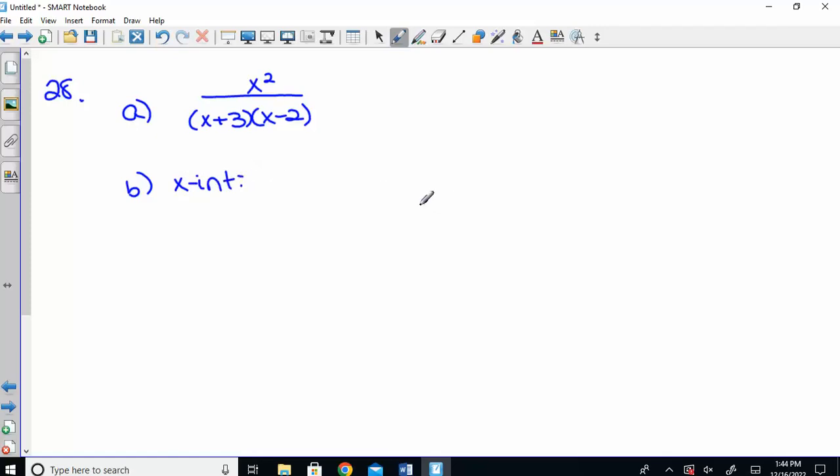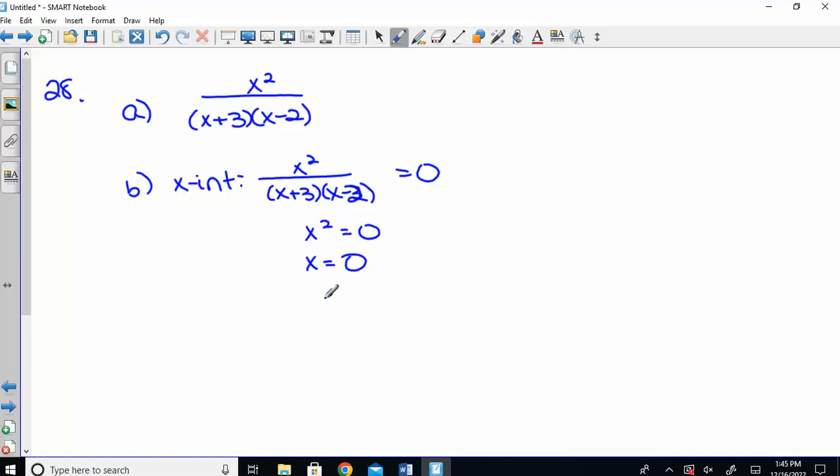Intercepts. Okay, think about a line for a second. How do you find an x-intercept? It's when your y is 0, right? So if I were to take this and set it equal to 0, the first thing you would do is multiply the denominator over. And 0 times anything is still 0.